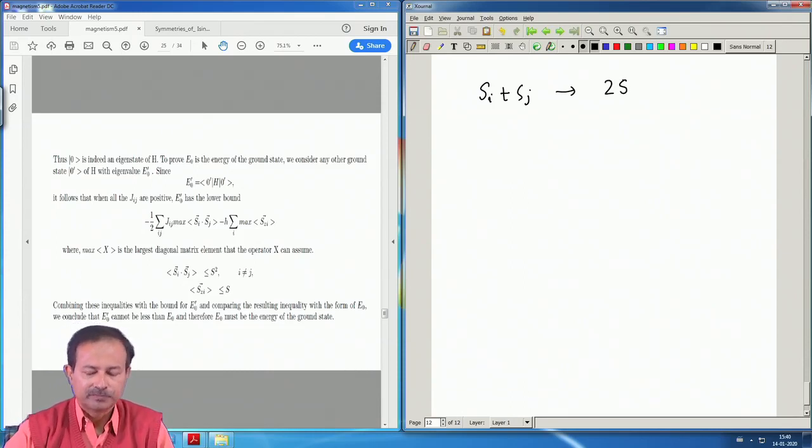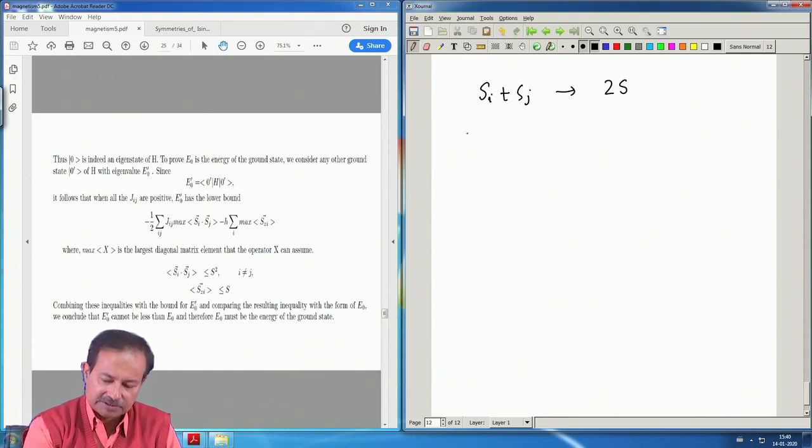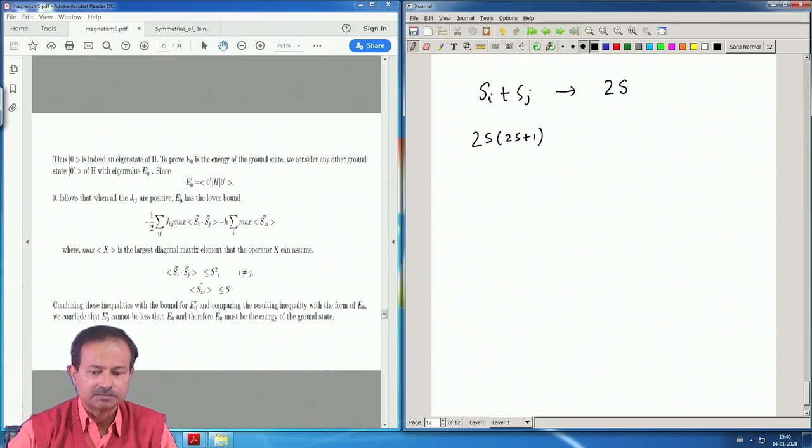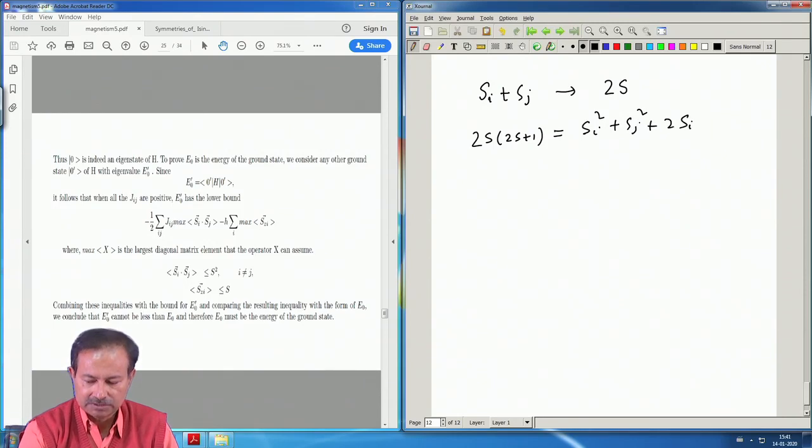Then (S_i plus S_j) square is 2S into (2S plus 1), which is equal to S_i square plus S_j square plus 2 S_i dot S_j.